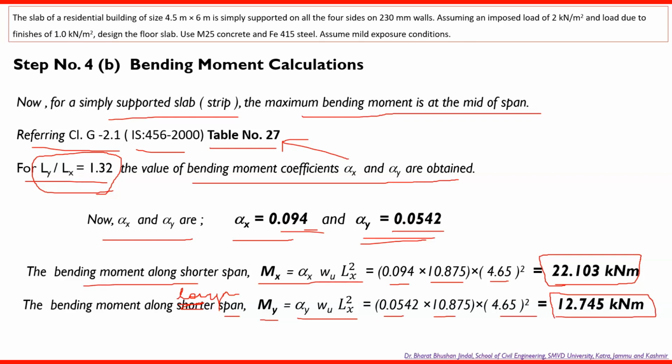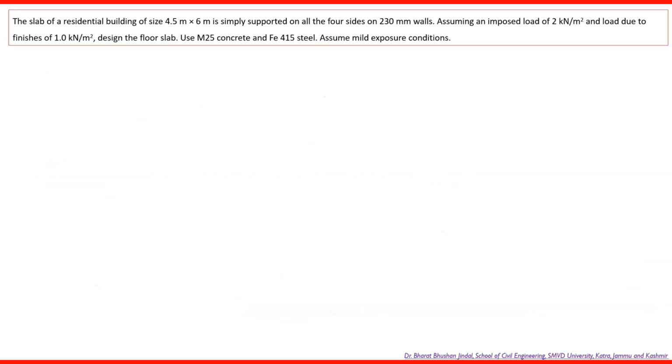You can see that along the longer span, the bending moment is lesser than the bending moment along the shorter span. That's why we always take the shorter span as more prone to bending, or we can say the shorter span is more critical as compared to the longer span.